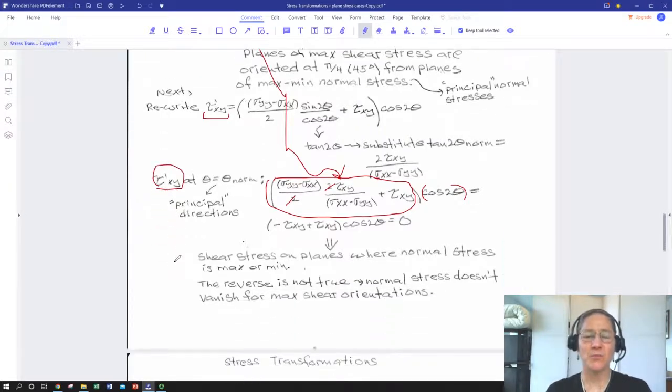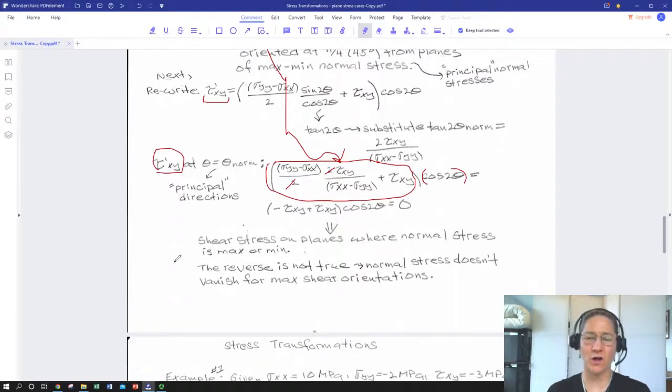So that's another important characteristic of what are called the principal planes, or the planes of principal normal stresses. When our normal stress is maximized or minimized, shear goes to 0.